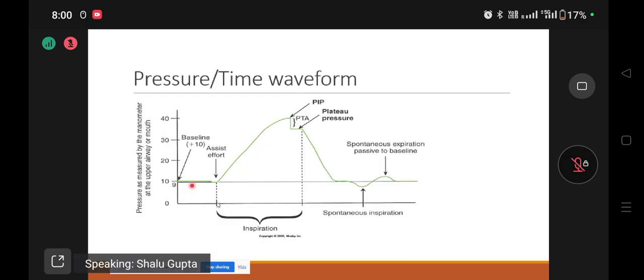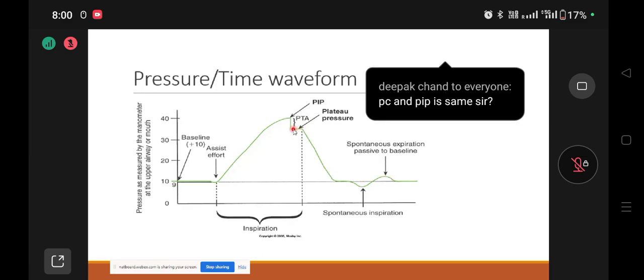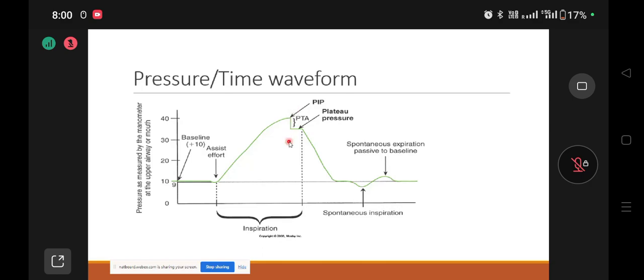So if we see from this diagram, this is the amount of PEEP which has been applied. And if you see this going up, this is your inspiration. This is the top, which is the PIP or the peak inspiratory pressure, then it drops. And this is the plateau pressure. The difference between these two is important to give you certain information.